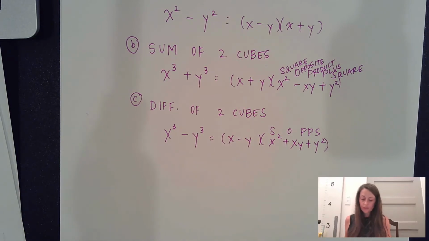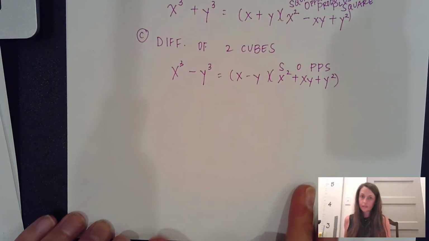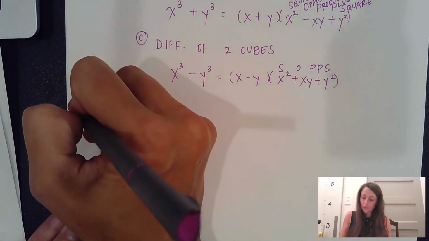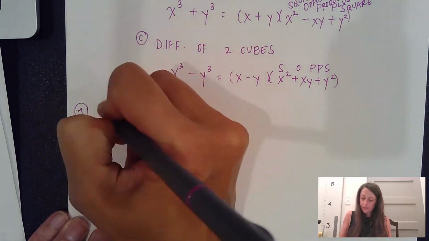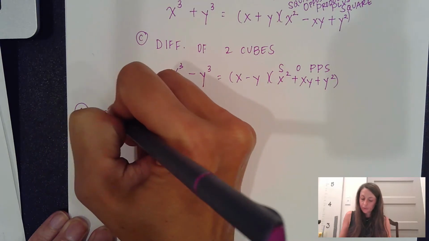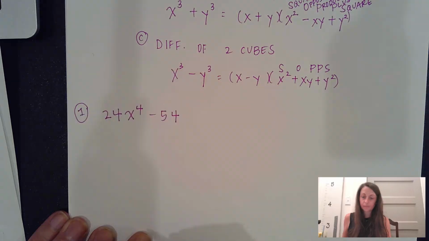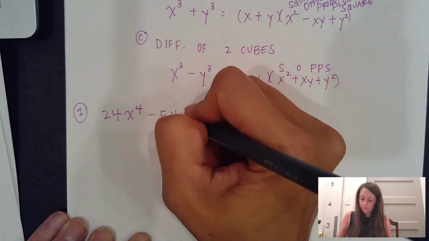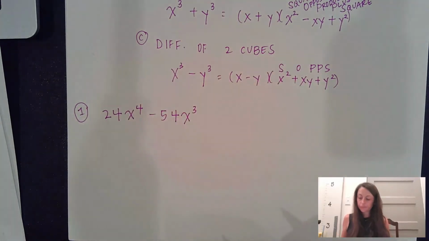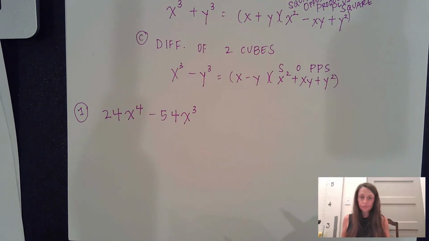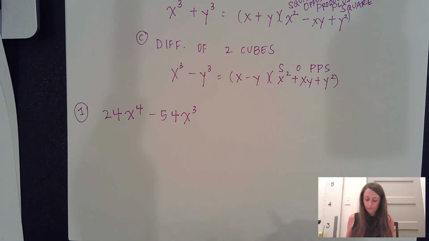All right, so let's take a second and let's do some questions here. Let's factor 24x to the fourth minus 54x cubed. Okay, so what do I look for first?